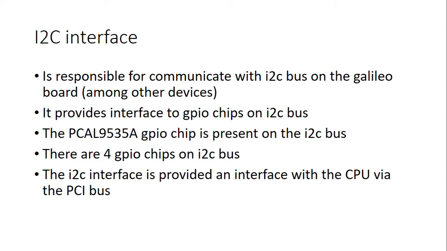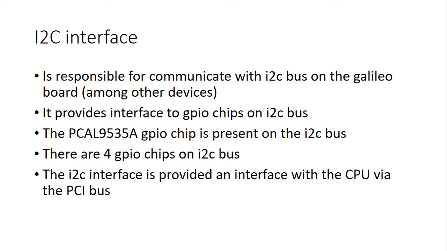It provides an interface to all these GPIO chips, so that whenever we have to use these GPIO chips, they will use this I2C bus to communicate with the CPU. Whenever the I2C bus has to interface with the CPU, it uses the PCI bus.